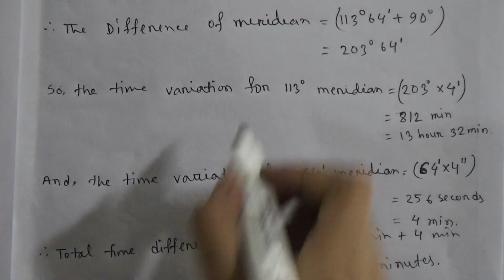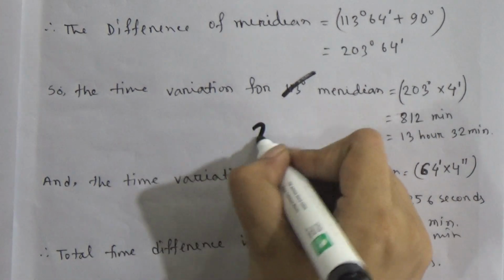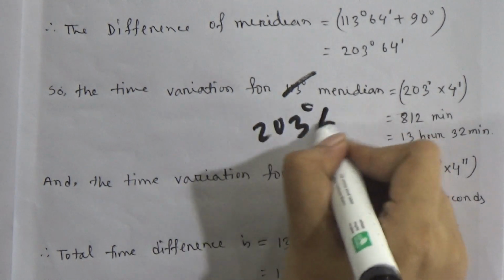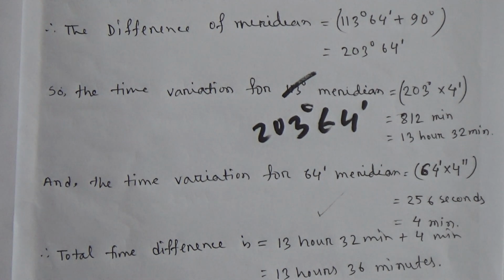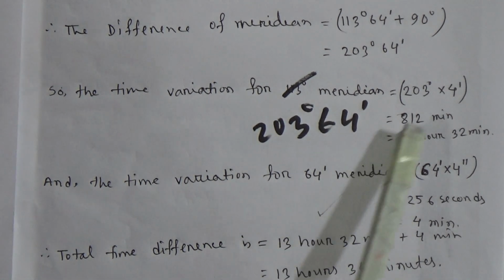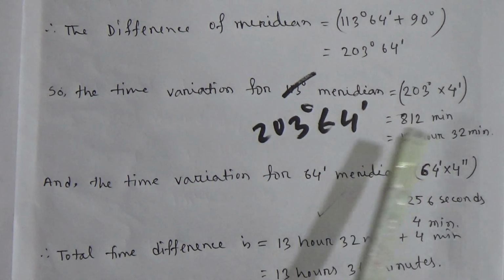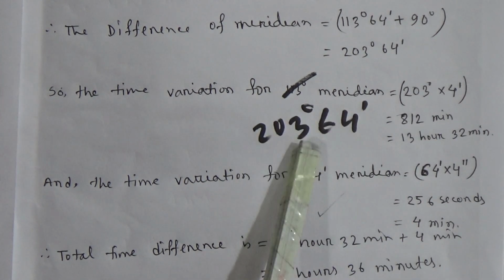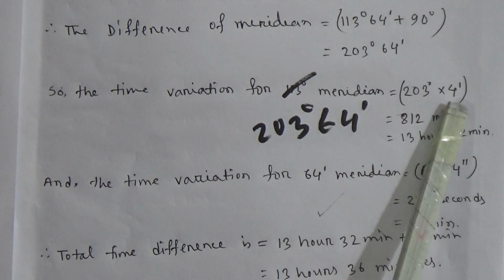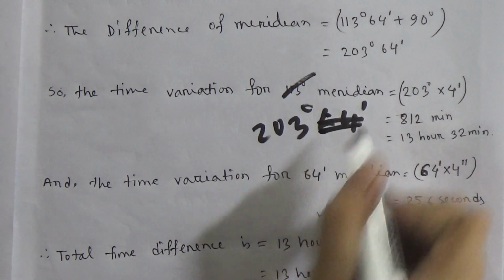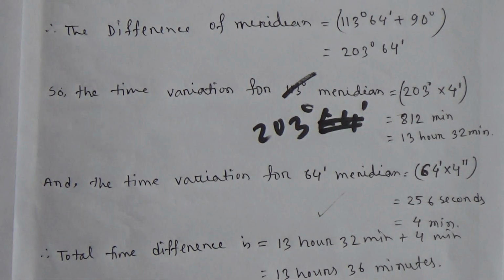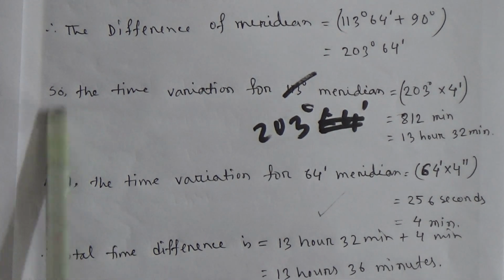So dear students, the variation of both countries, the variation for the 203 degrees 64 minutes meridian will be, as we will multiply for 203 degrees, it will happen in 4 minutes each. Sorry, it will not be 64 minutes here, only 203 degrees will be calculated here.